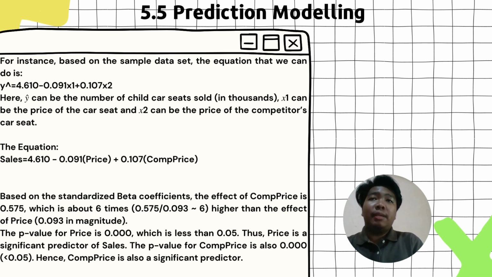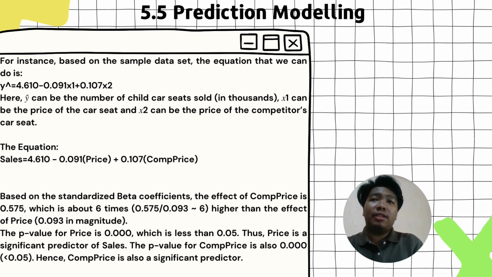Here y can be the number of chair car seats sold in thousands, x1 can be the price of the car seat, and x2 can be the price of the competitor car seats. The equation is sale equals 4.610 minus 0.091 price plus 0.107 comp price.